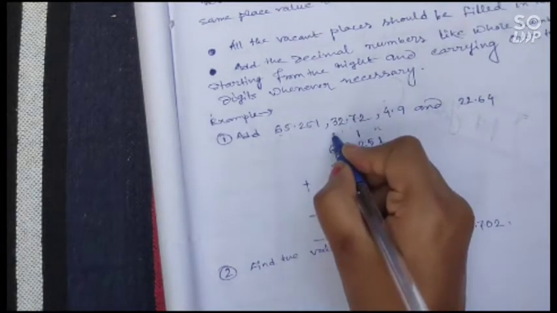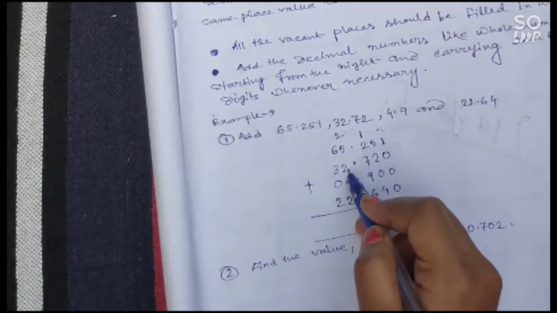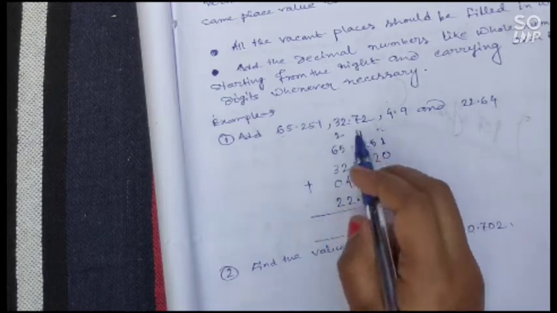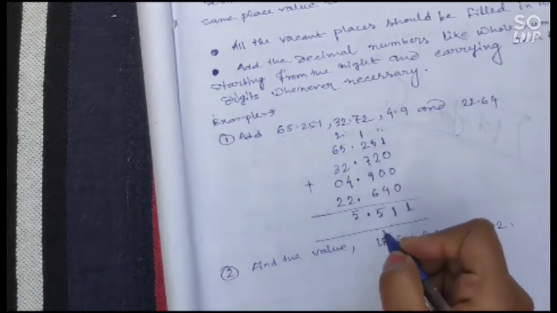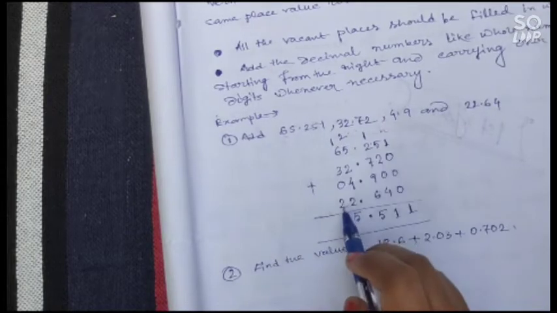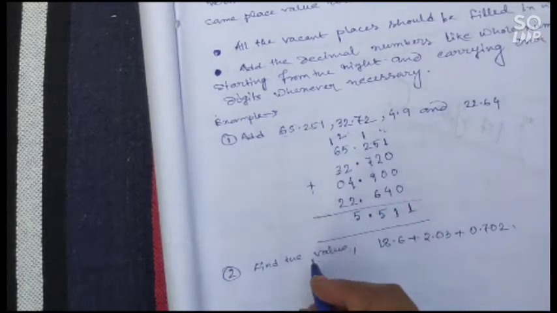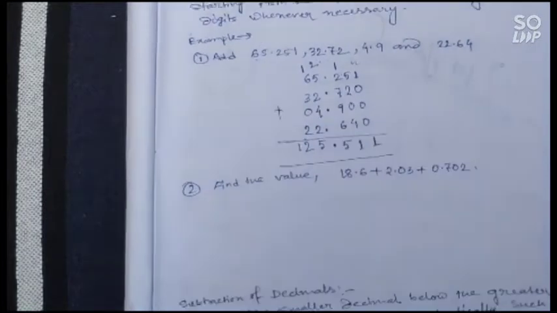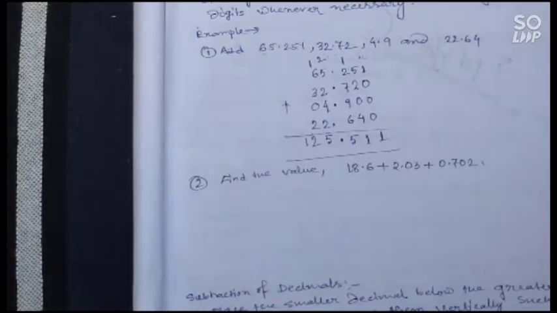Now 2 will carry here. 5 plus 2 is 7. 7 plus 4 is 11, 11 plus 2 is 13, 13 plus 2 is 15, 5 will come here, 1 will carry here. 6 plus 3 is 9, 9 plus 2 is 11, 11 plus 1 is 12. So 125.511 will be the answer, and this is how you can arrange any decimal numbers for adding them.